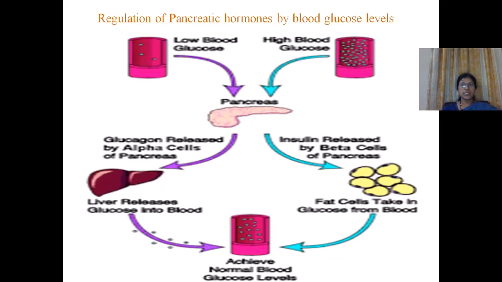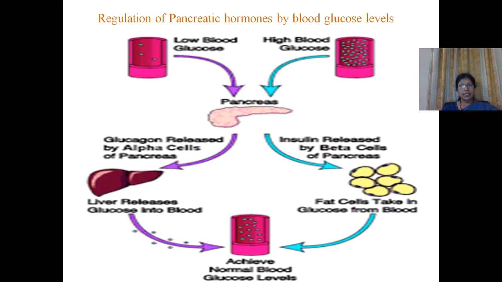Insulin reduces blood glucose in two ways. The first way is by incorporating glucose transporters on the cell membrane. Glucose transporters are carrier proteins. These carrier proteins help in the uptake of glucose into the cells.